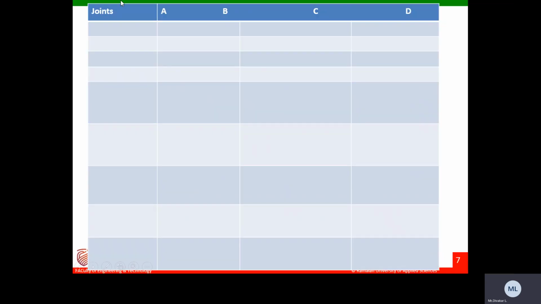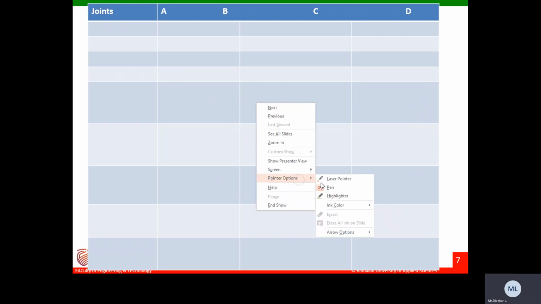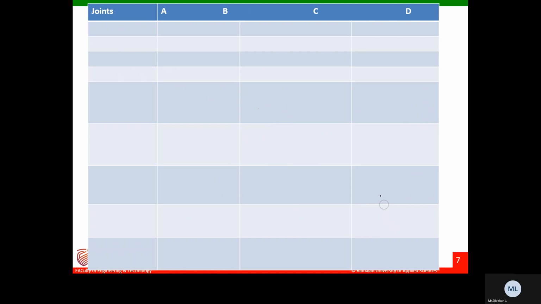Now this is the joints. Now let us consider the members. What are all the members here? This is AB, BA, BC here, CB here, CD, and this will be DC.